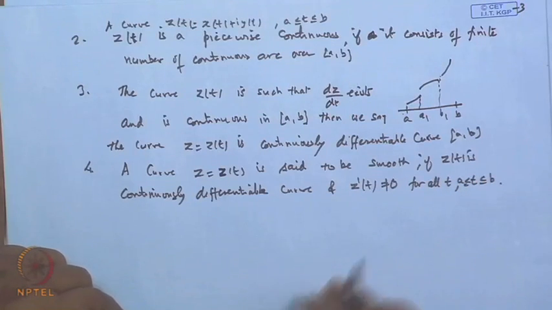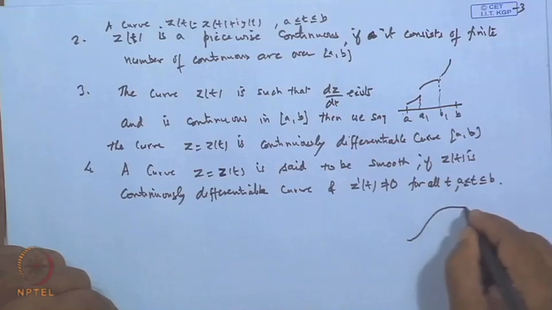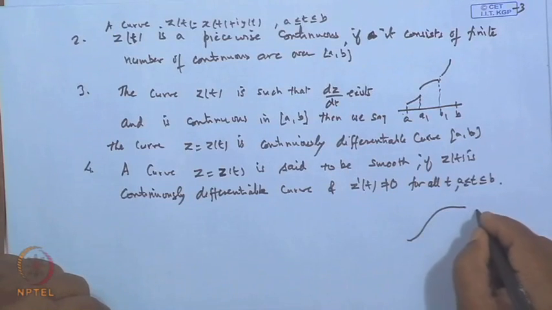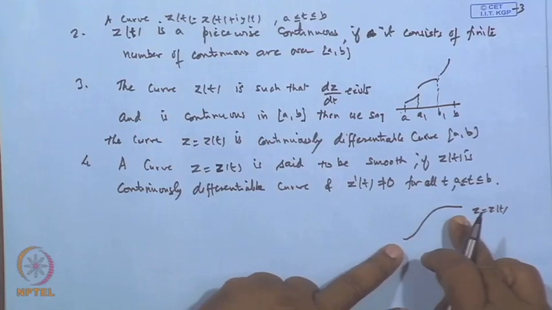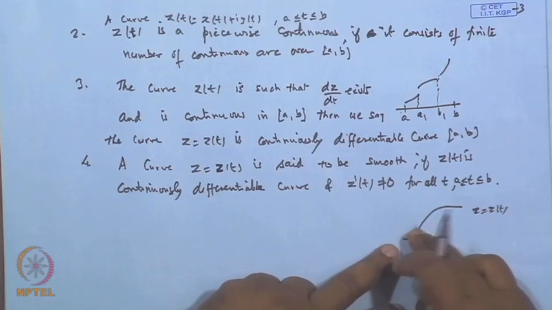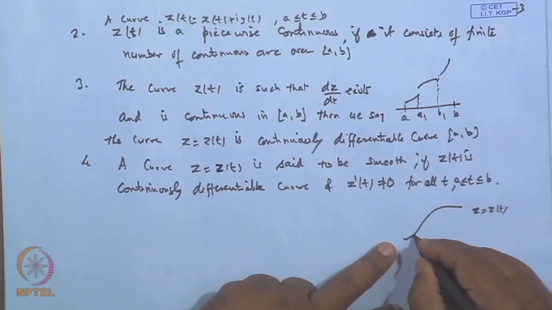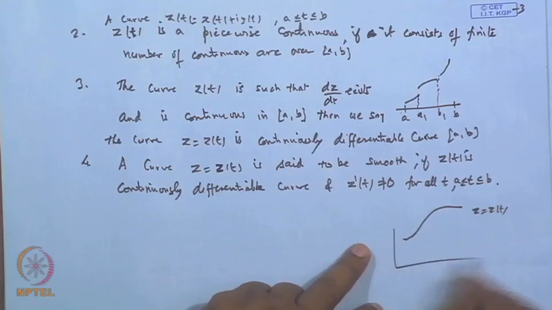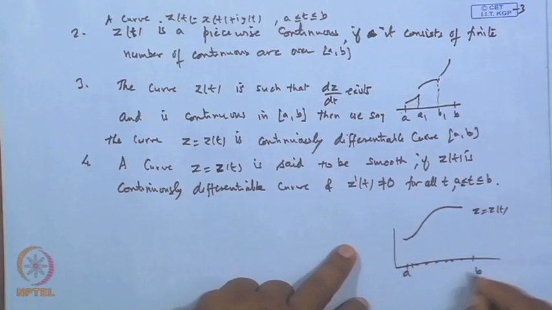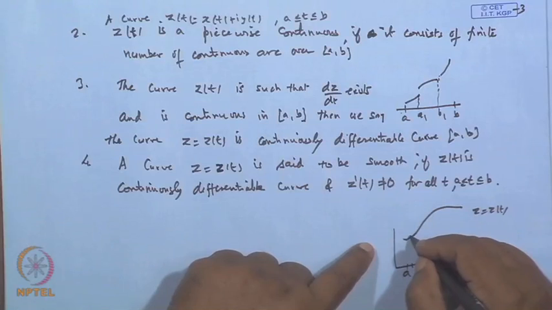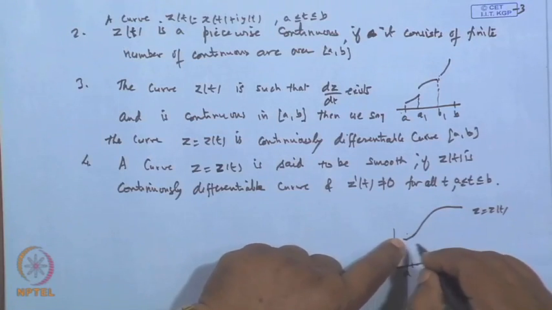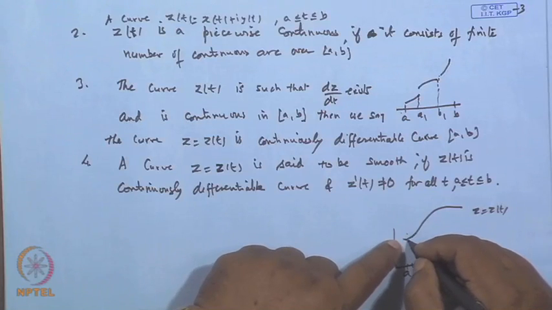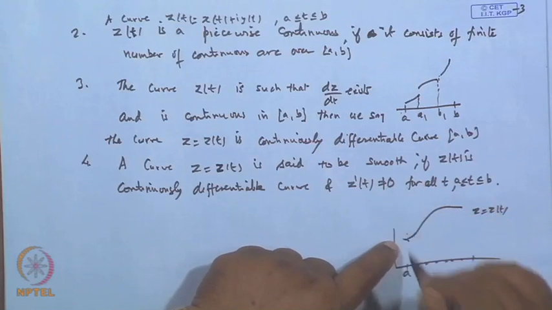That is, if the curve is continuously differentiable, it means at each point t0, t1, t2, tn, the curve z equal to z(t) possesses a continuous derivative, and also the derivative is not equal to 0.